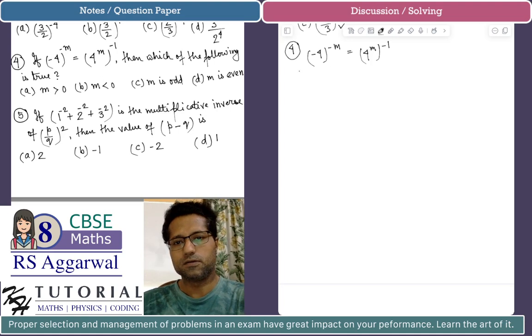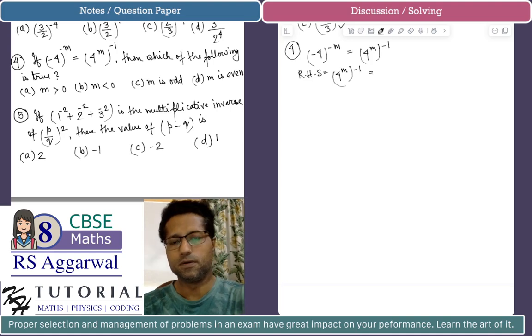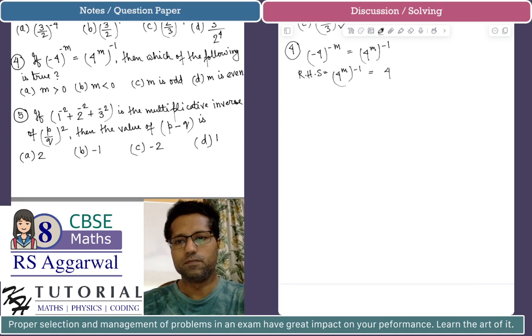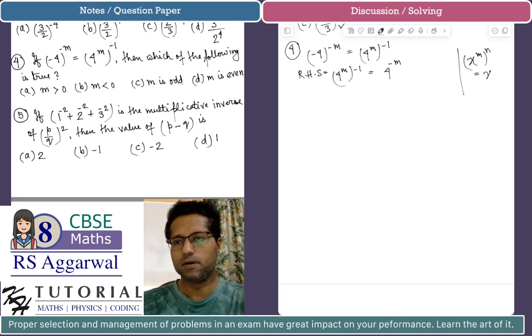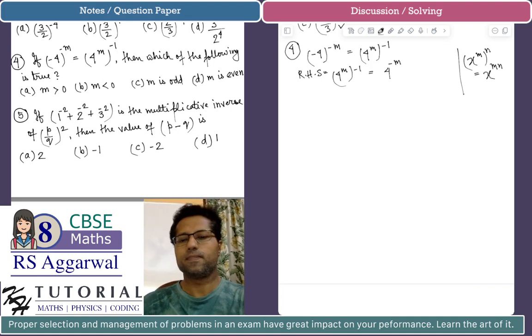LHS, RHS of the given equation. RHS is equal to 4 to the power m whole raised to the power minus 1. This is nothing but, we can write it as 4 to the power m into minus 1, that is 4 to the power minus m, because from the formula that x to the power m whole raised to the power n is equal to x to the power m into n.